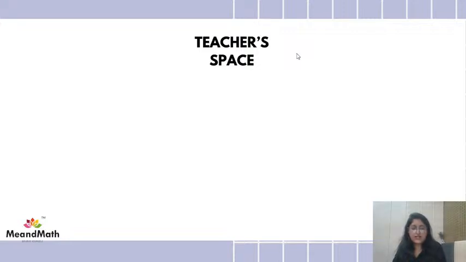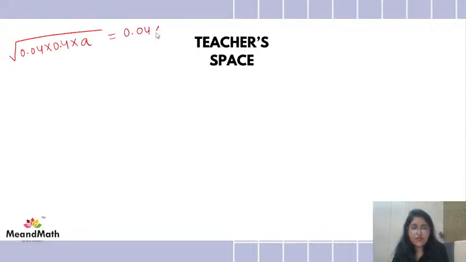Let's try this question. Question is, 0.04 times 0.4 times A is equal to 0.04 times 0.4 times root B. Okay, so how will we do this?